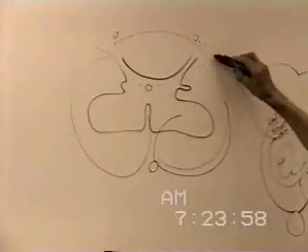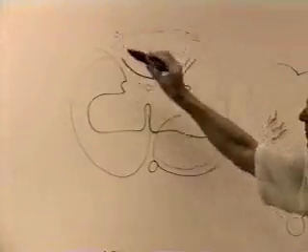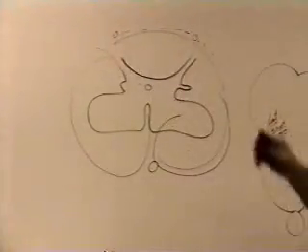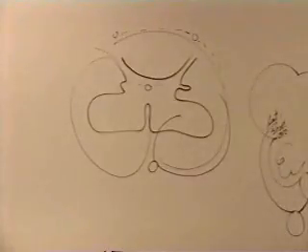So one has an anastomotic channel potentially around the whole spinal cord.